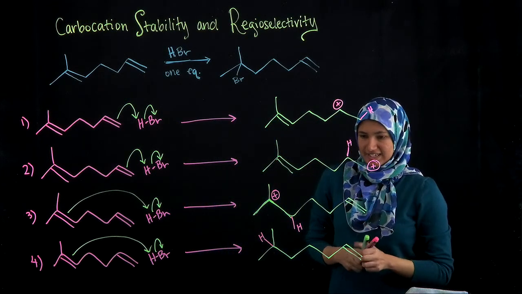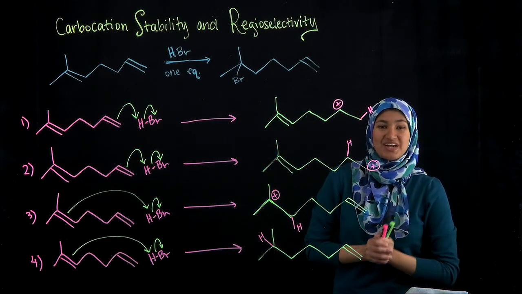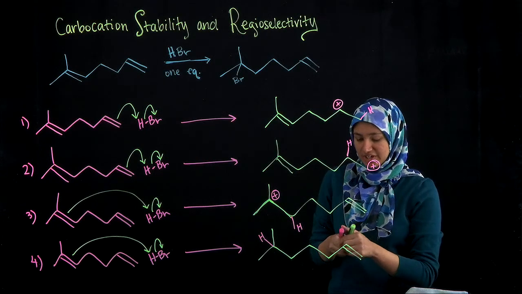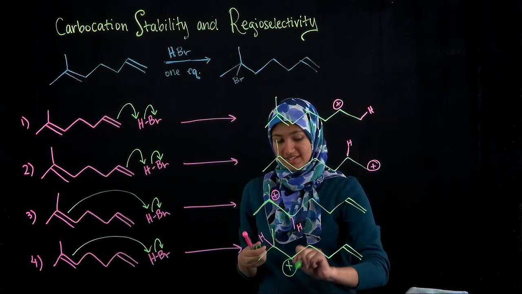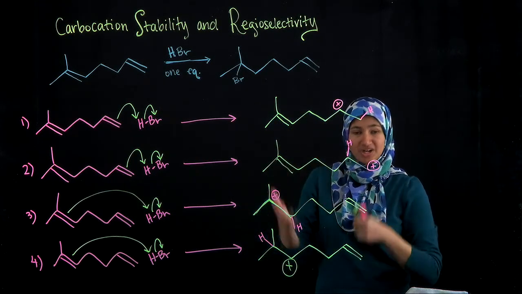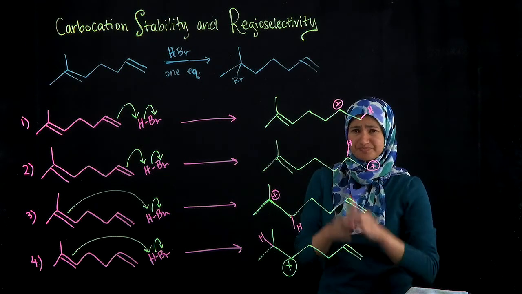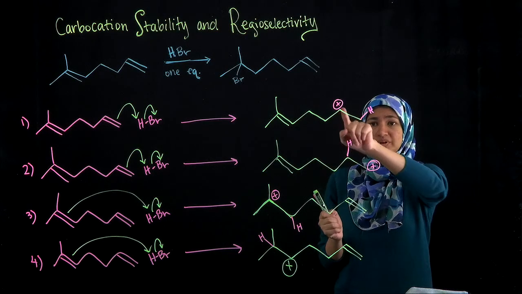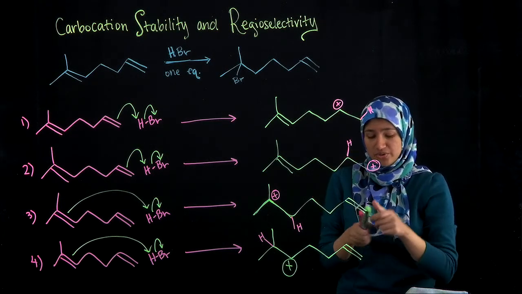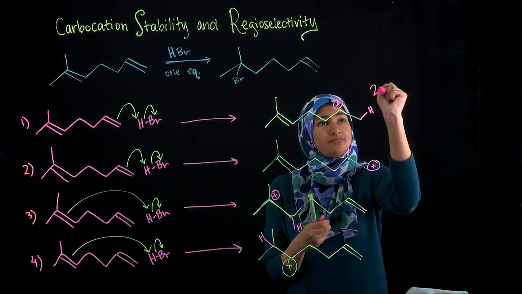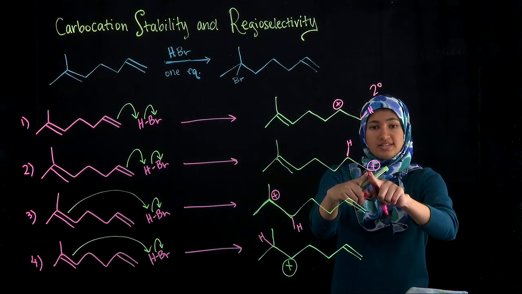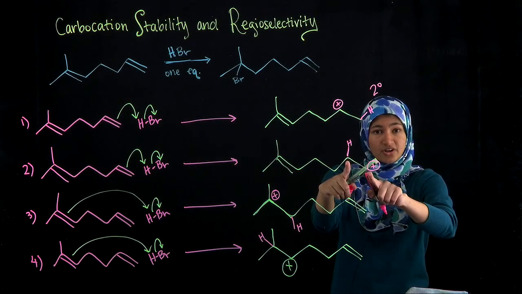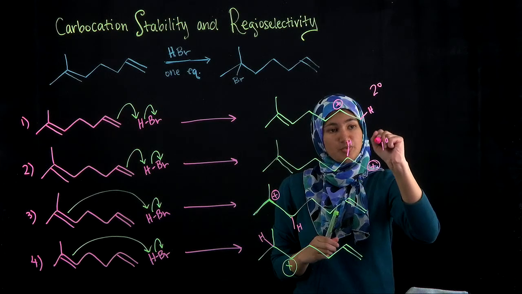So now that I've gotten all those written out for you, let's look at the varying carbocation intermediates that we've produced, and try to parse out which one is the most stable. So starting over here with this carbocation, we have a carbon attached to 2 other carbons, so we know that this is secondary. This one is a carbon attached to only 1 other carbon, so this is primary.